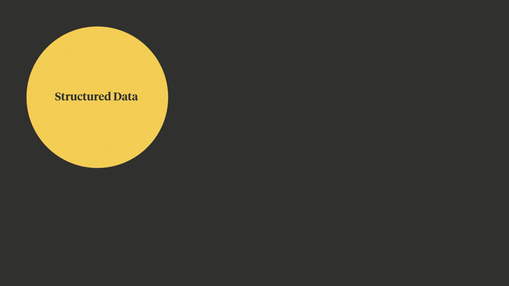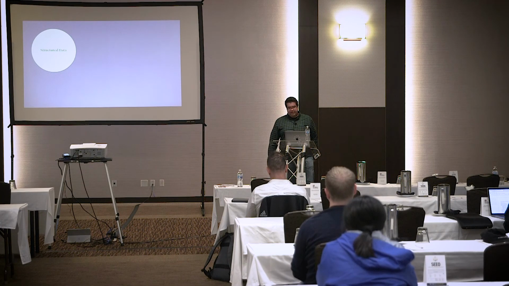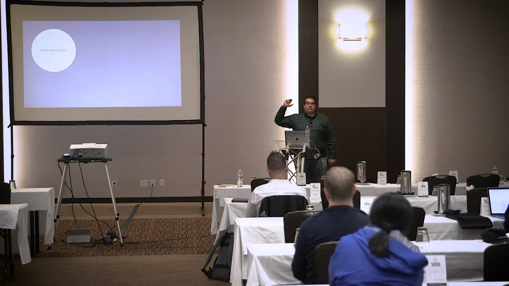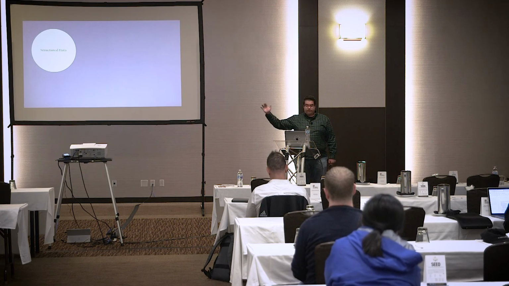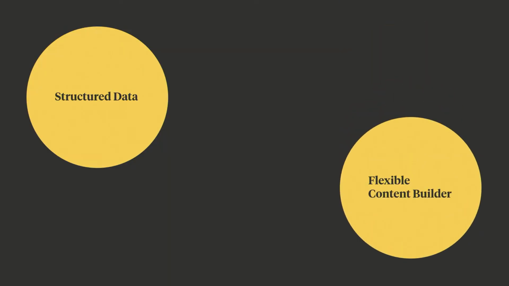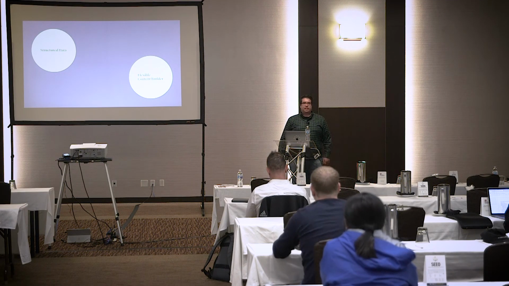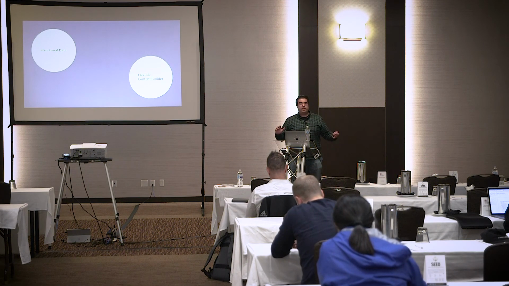In my experience, I found that there's a spectrum of projects and sites that we're working on. You can really boil it down to 2 sides. You have structured data on one side, so sites that follow a very specific rigid structure, lots of custom fields that are labeled very specifically. And on the other side, you have this concept of a flexible content builder, or sites that can be arranged in different ways, with different modules and blocks, ordered whichever way the content editor wants.